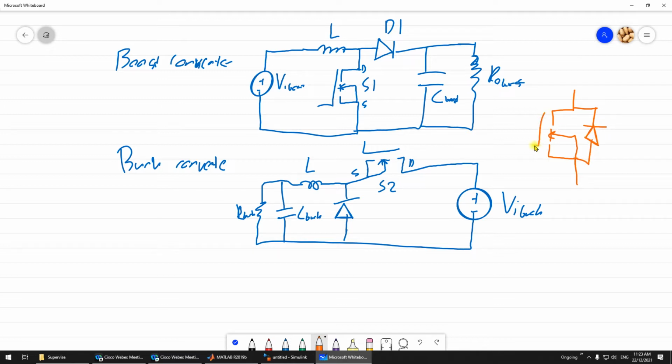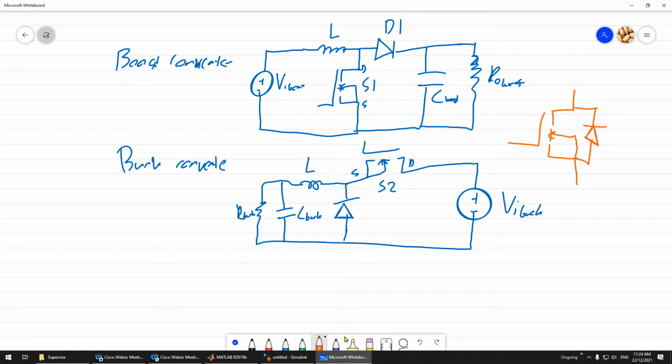Okay, so automatically you can combine this one and this one together. Okay, you can see that. Can you see it? And then for this one, you can see it can be combined together.